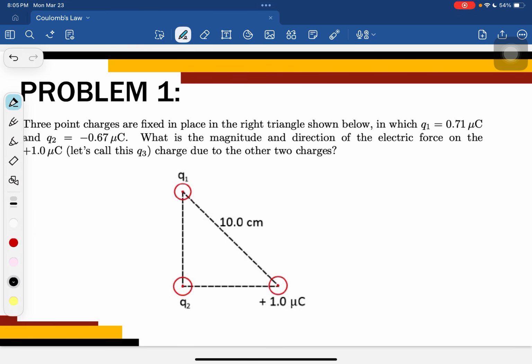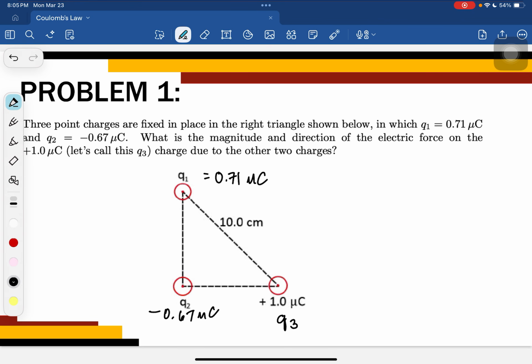So it says here that we can call this Q3. Our Q1 is 0.71 microcoulomb. Our Q2 is negative 0.67 microcoulomb.